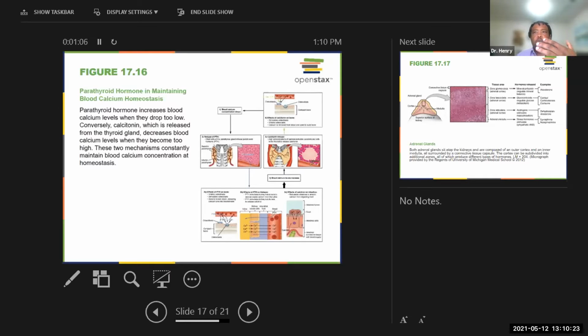Osteoblasts are the cells that are responsible for depositing calcium in bone. So when it breaks down the calcium in the bone structure, that calcium ion is then put into the bloodstream.